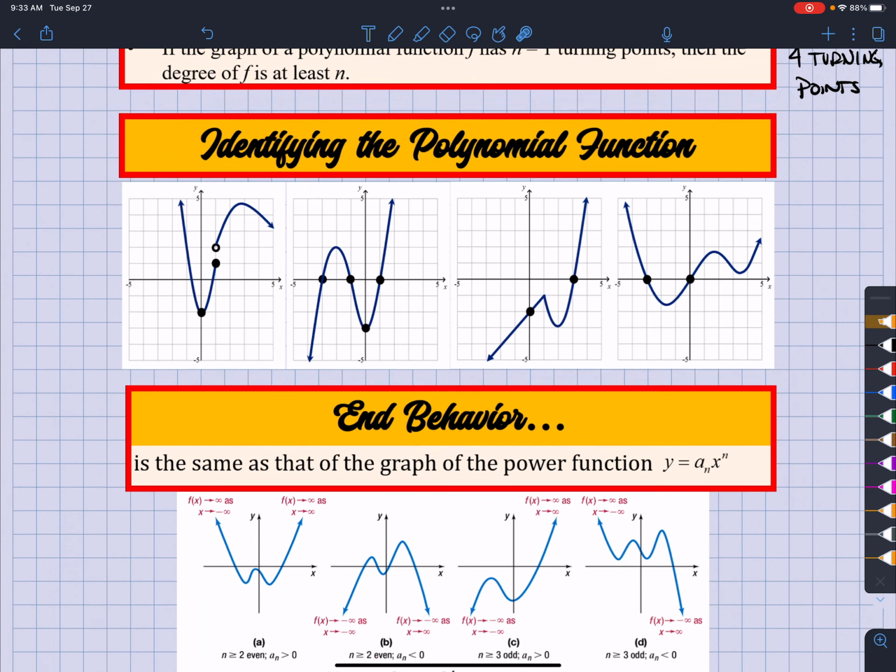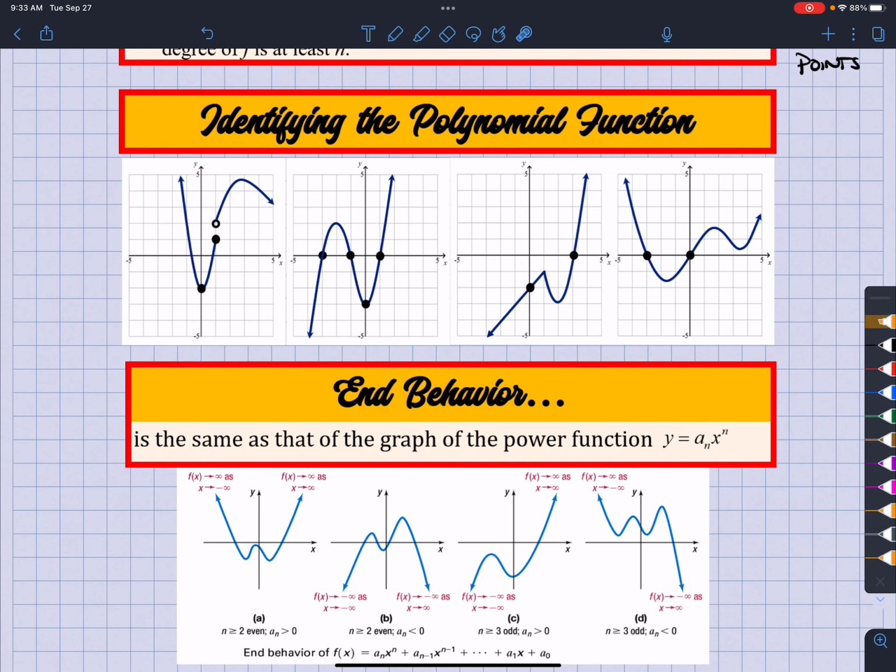All right, so over here, let's identify. Since there's a gap, this is not a polynomial function. Over here, everything's smooth, no sharp edges, no cuts, so this is good. I have 1, 2 turns, so that means the degree is 3.